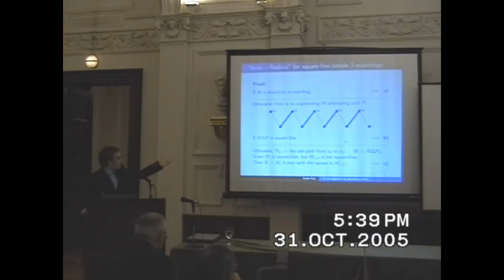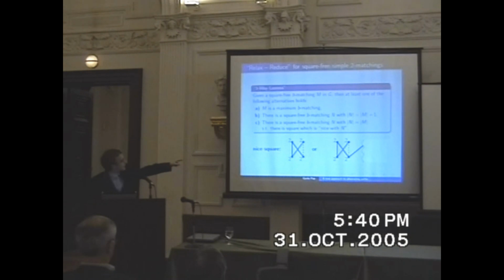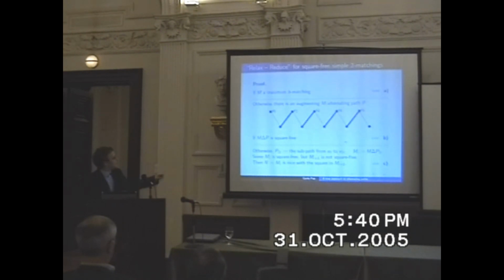So if M_i is square-free, but M_{i+1} is not square-free, I added an edge, deleted another one, hitting the same node, and exactly one square can arise. And convince yourself that this is exactly what we get. We get a nice square, nice with respect to M_i. This is the proof of the three-way lemma. It is easy.